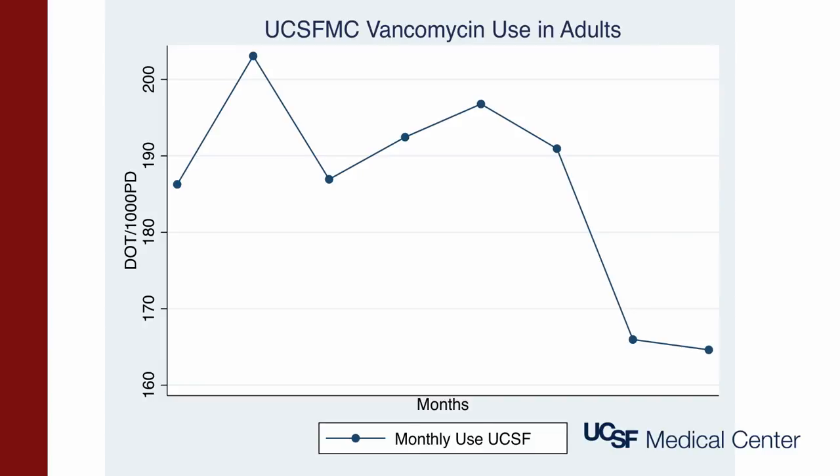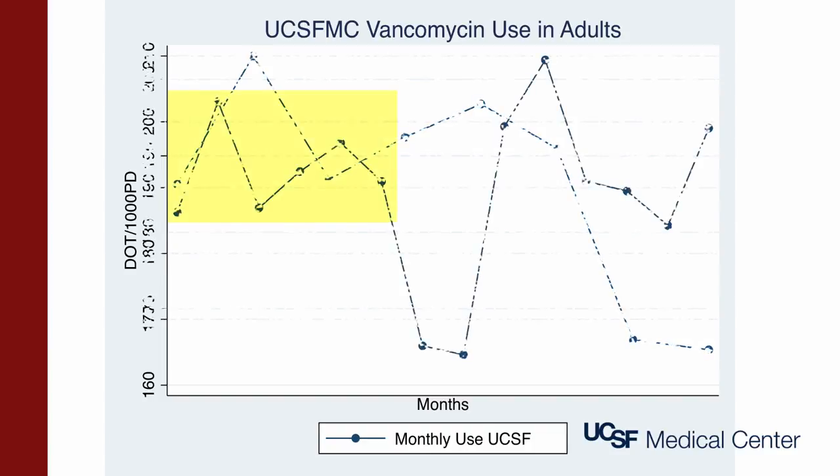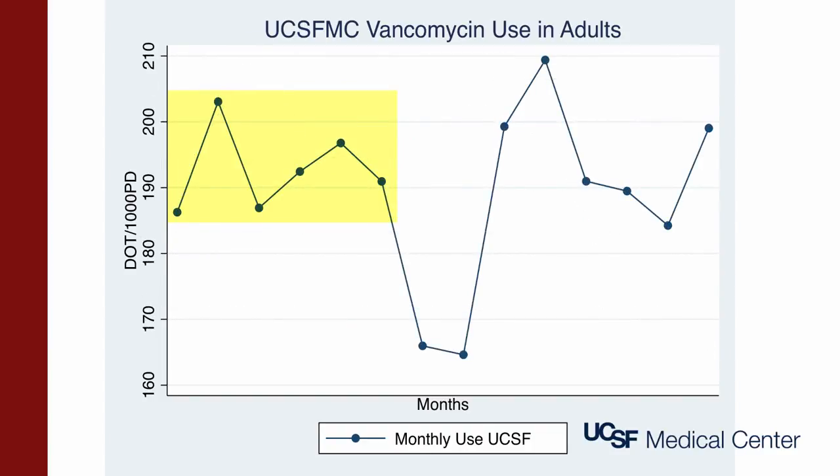Over an 8-month period, vancomycin use in adults as measured by days of therapy per 1,000 patient days seems to be definitively trending down. However, there are substantial variations in month-to-month antimicrobial use, such that what may seem to be patterns over a period even as long as 8 months are part of the background variability.